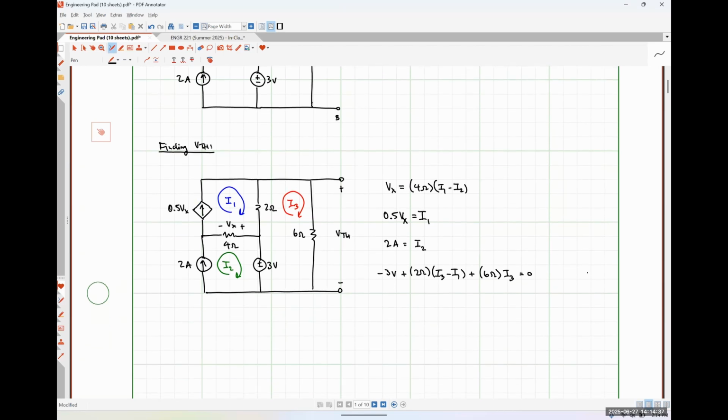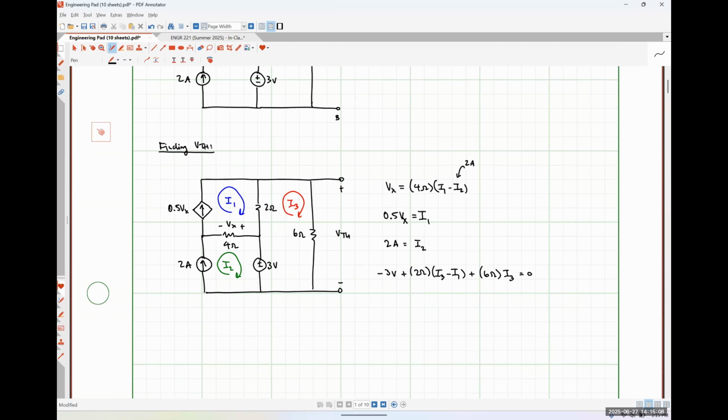And now I'm going to solve this system. Let's see here. So I'm going to substitute in I2 is equal to 2 amps into this guy right here. And so my system of equations, my variables are going to be I1, I3, and Vx. So let's see.